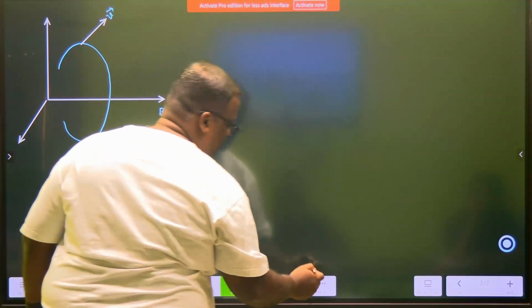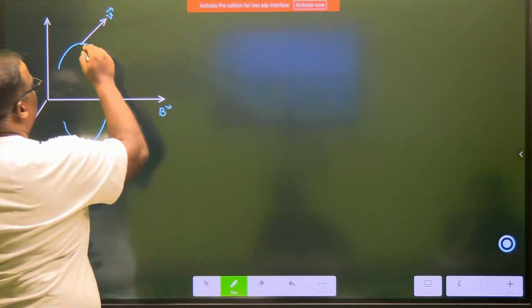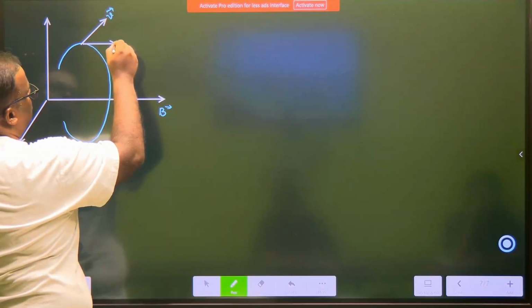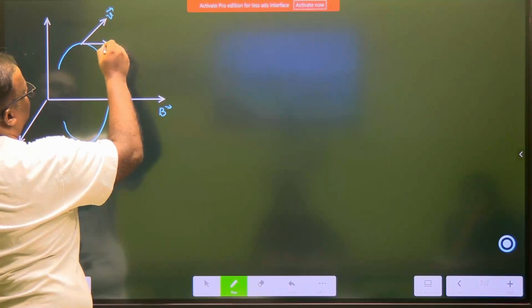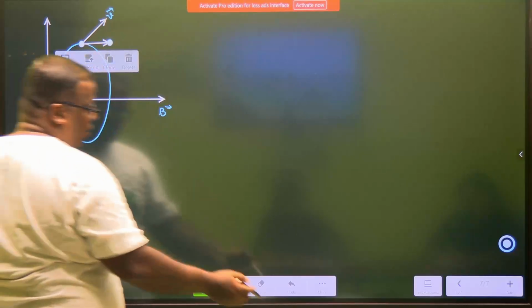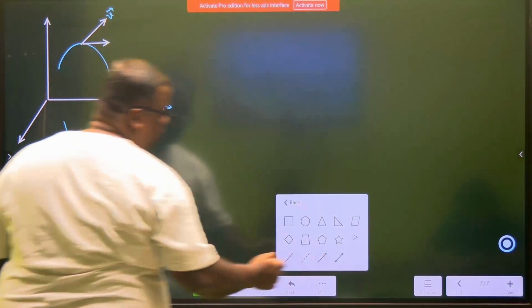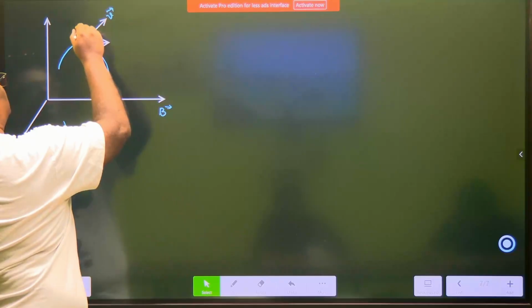We can resolve this in such a manner that there will be a horizontal component which will be along the magnetic field, and there will be a vertical component which will be perpendicular to the magnetic field.